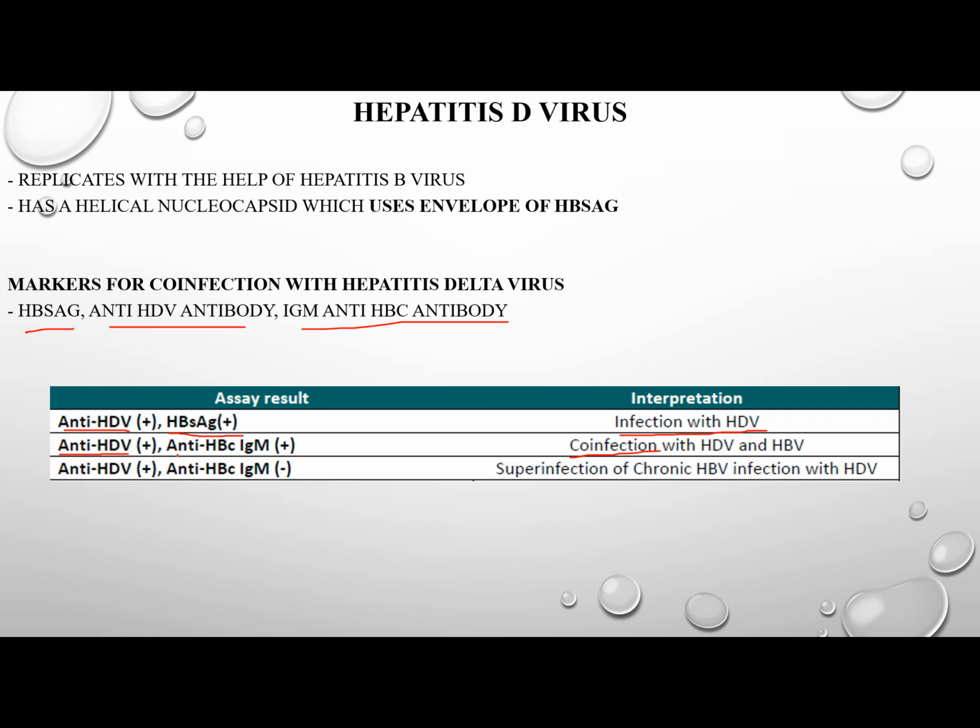Positive ka sa anti-HDV, positive ka sa anti-HBc IgM. Kapag namang meron kang superinfection of chronic hepatitis B virus infection with HDV, you would be positive for anti-HDV plus anti-HBc, or negative ka naman sa anti-HBc IgM.